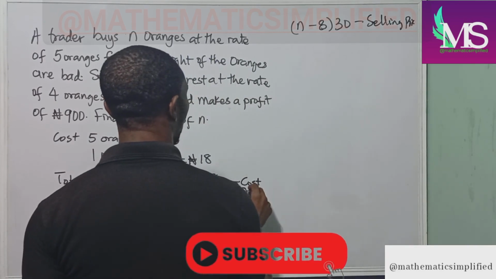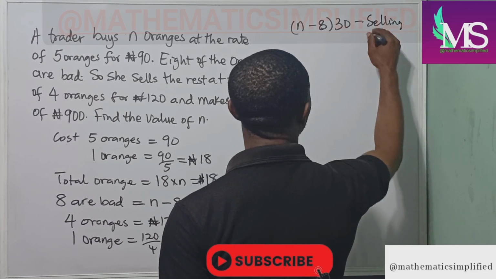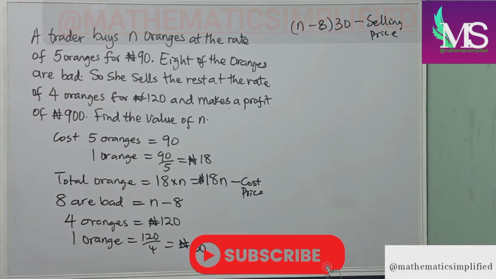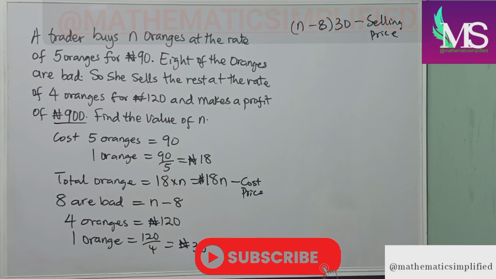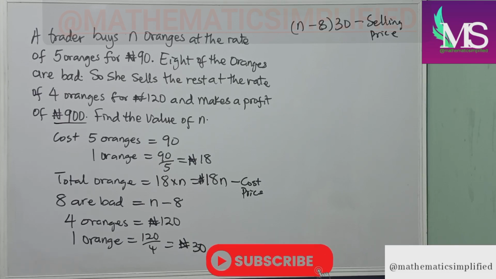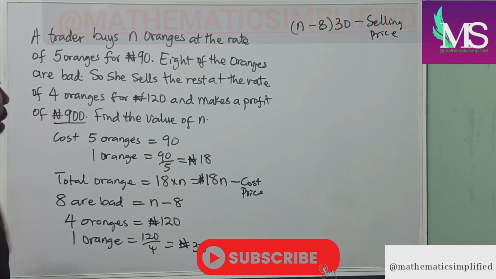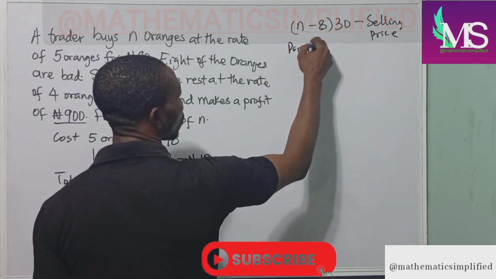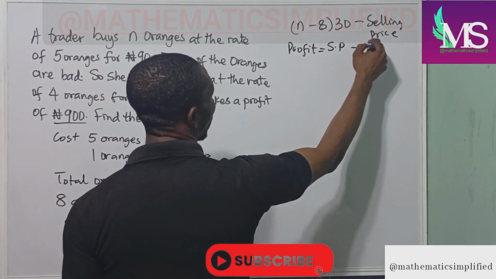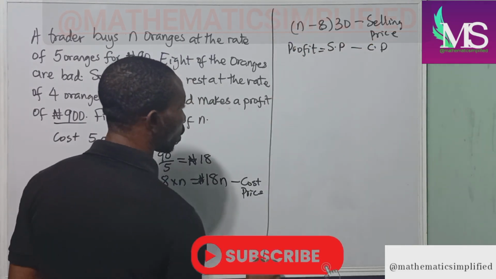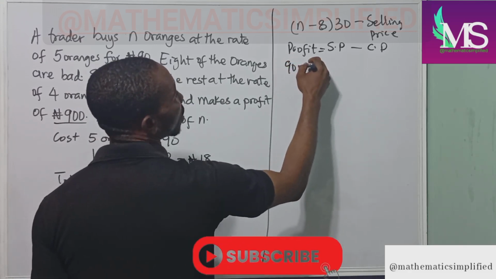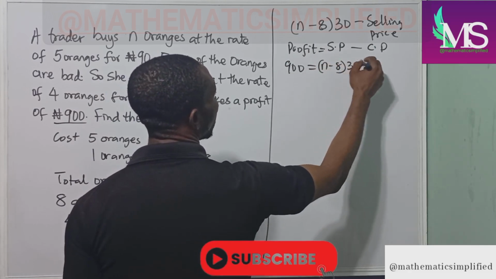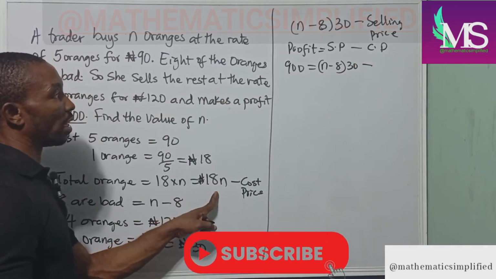Now we are told she made a profit of 900 naira, and for profit, we know that profit is selling price minus cost price. So profit equals selling price minus cost price. So we are going to have 900 as profit equals selling price, n minus 8 times 30, minus cost price, which is our 18n.